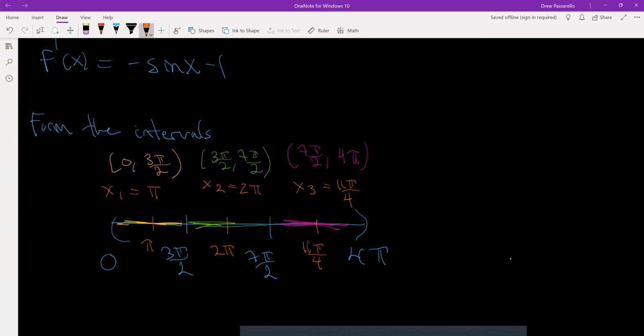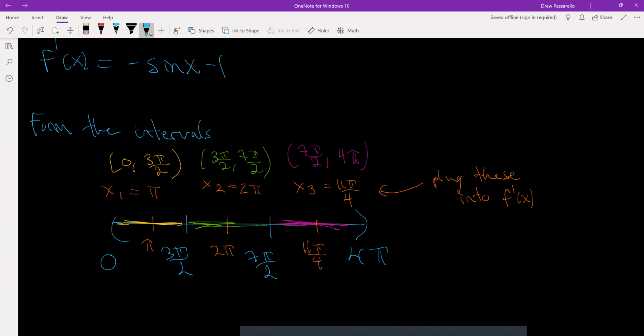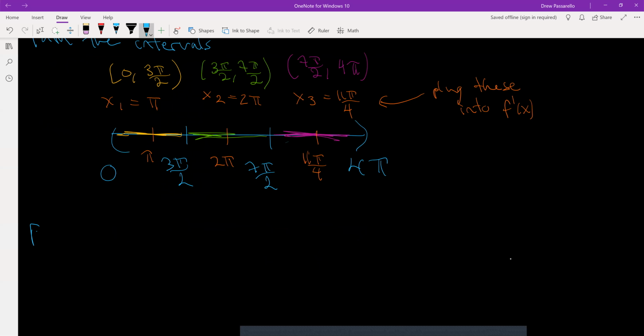I plug each of these into the first derivative. All right, so that's the process. So the first one's pi.